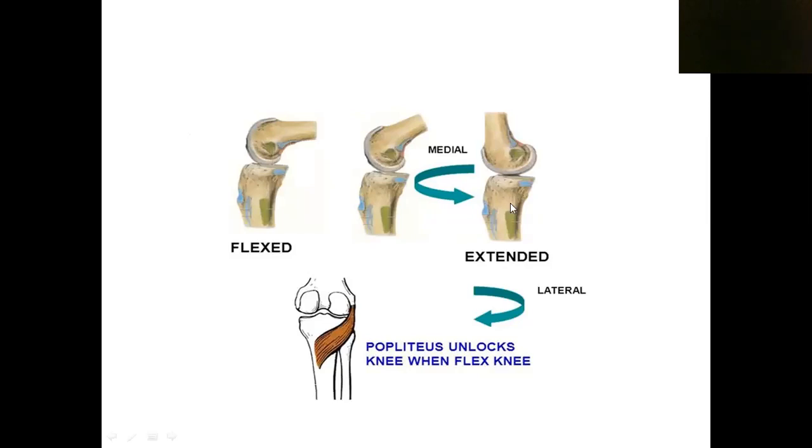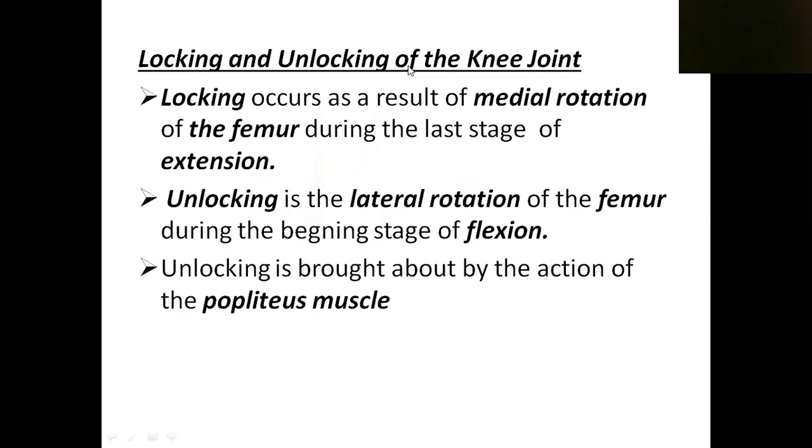After this, the femur will rotate medially to lock the joint. Like that, it will rotate laterally when flexion begins, to unlock the joint. So that is the locking and unlocking of the knee joint. That unlocking is by popliteus. The remaining details we will discuss in our classroom.